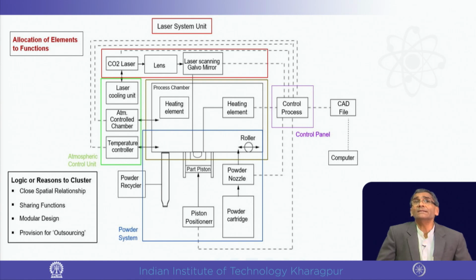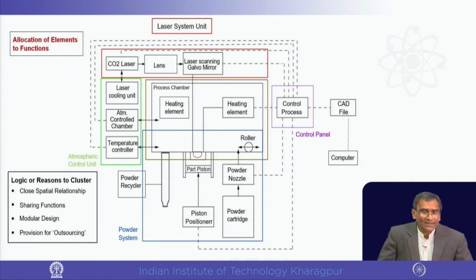Now, how is the laser focused? That physical element is the laser scanning galvanometer, which works on the principle of turning to adjust the focus to the point, which is very common. You can check on the internet if you are interested, but it is for the focusing purpose.